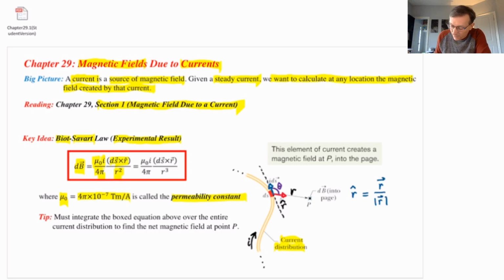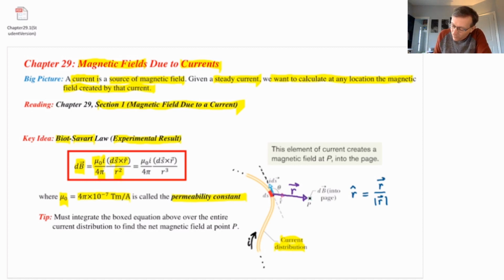Now the vector r arrow would point from the element ds all the way to the point P. And that would be r arrow. So to get r hat, which is the unit vector, you take r arrow divided by the magnitude of r arrow.